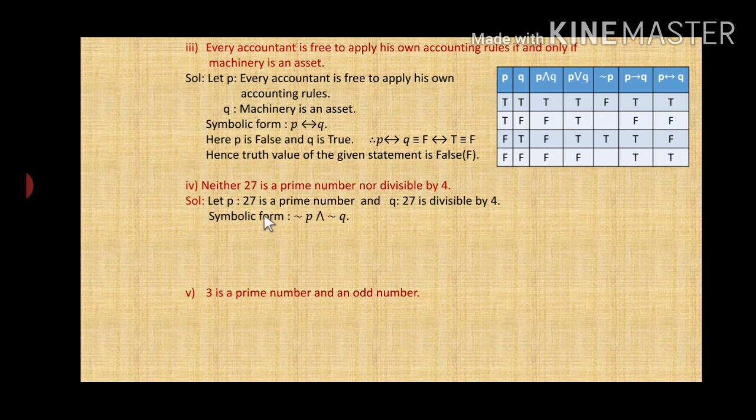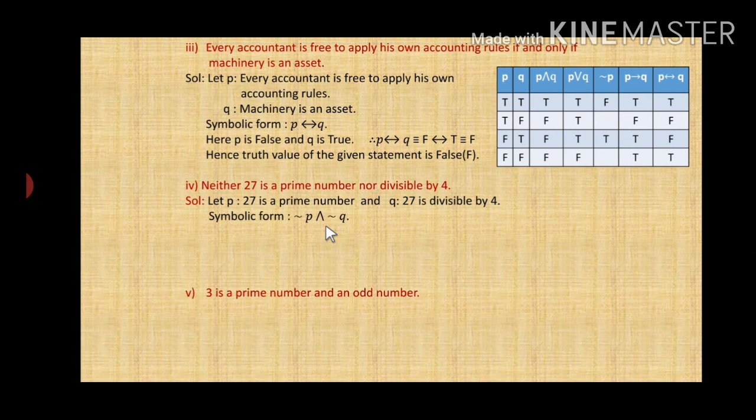So we'll say let P be 27 is a prime number and Q be 27 is divisible by 4. So the symbolic form is negation P and negation Q. Clear? If it was either or, then directly you will write P or Q. For neither nor, you have to use the negation of P and Q joined by and.